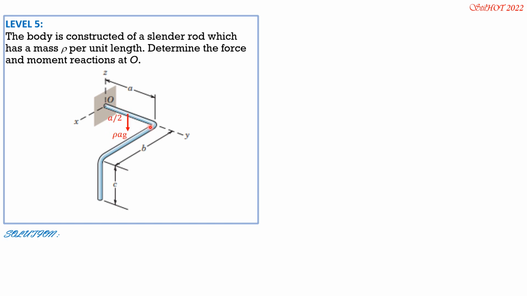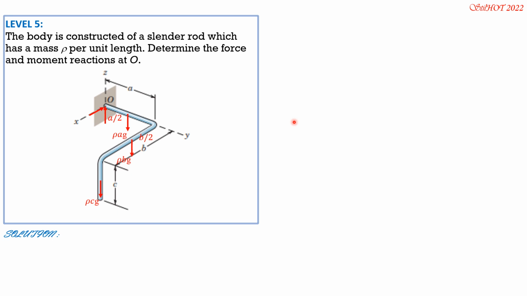Take note it acts on the y-axis. This is rho BG, and that distance is B over 2. And finally, this is rho CG, and its distance from the y-axis is B. Its distance from the x-axis is A.